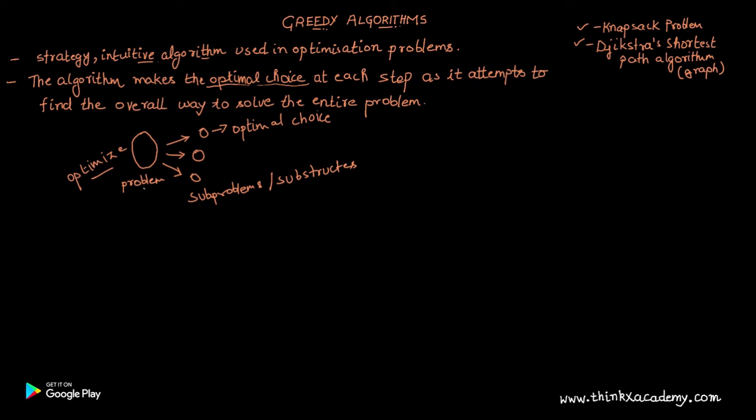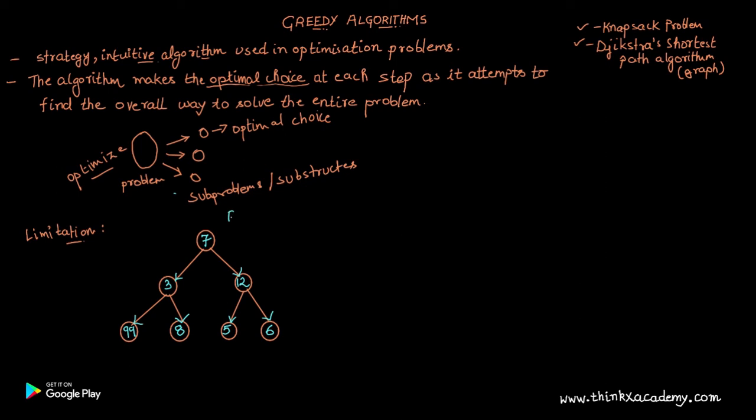So I'm going to write here a limitation of the greedy algorithm. Let's take an example of a graph here. So I will draw a graph here. As you can see, this is not a graph, this is a binary tree. We are taking an example of a binary tree.